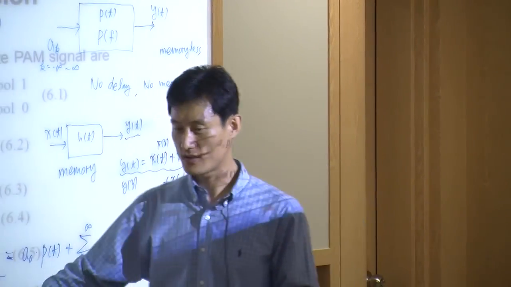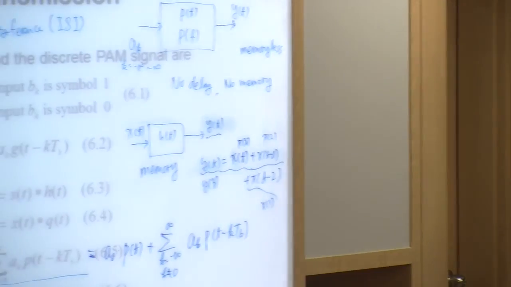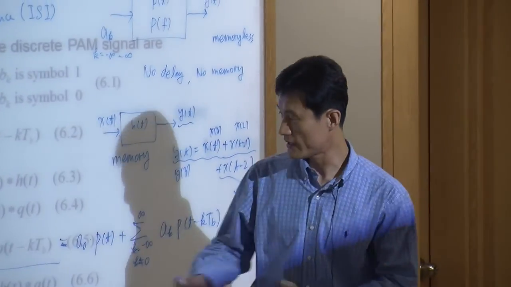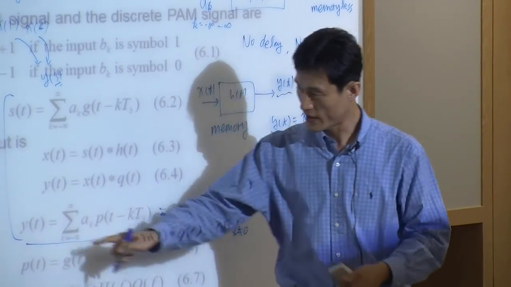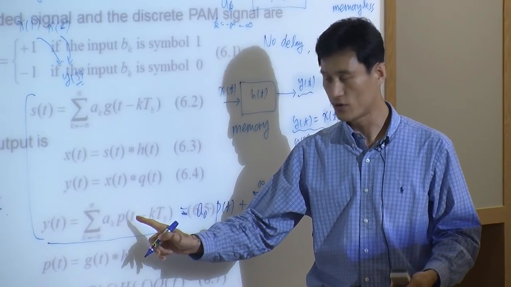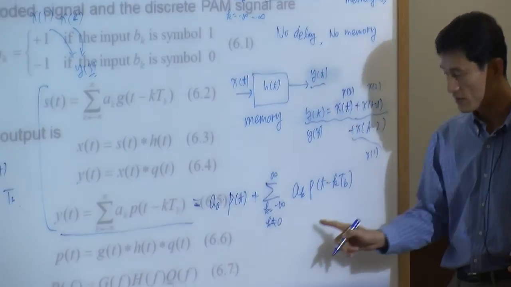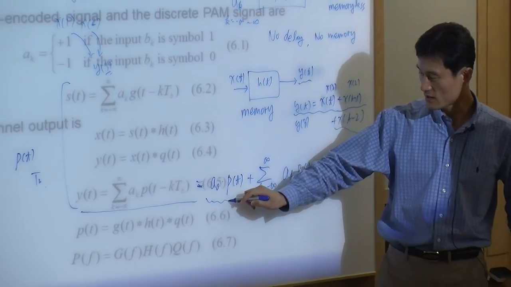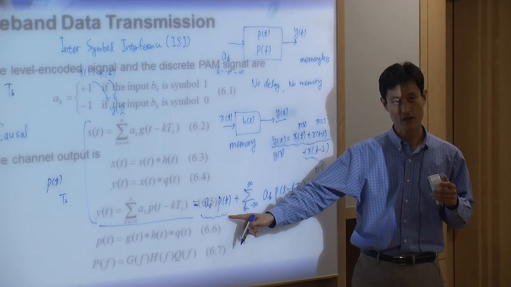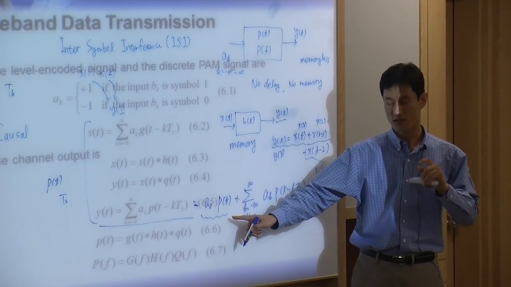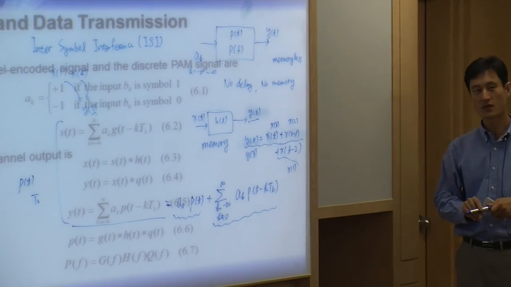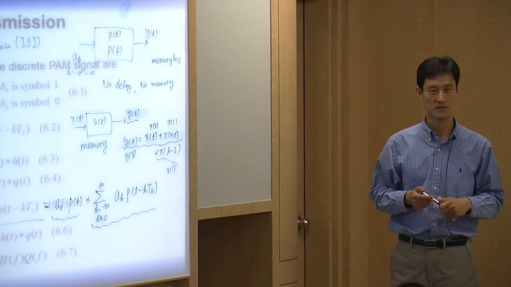And in this equation, that's why when I have the output y equal to a convolved with p(t), I separate it out this way. So the first term here, A0 p(t), is the term with no memory, the term with no delay. And the remaining terms are all intersymbol interference terms.